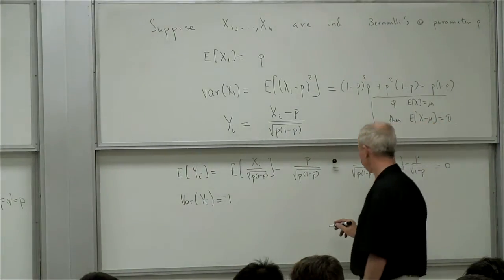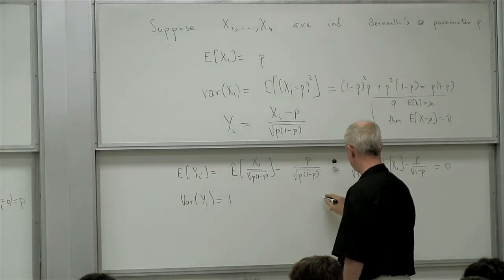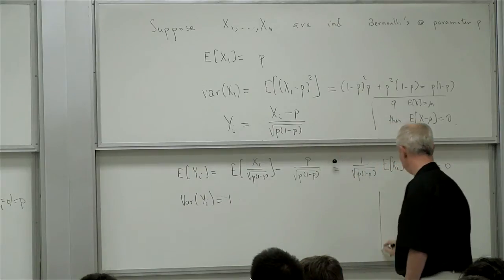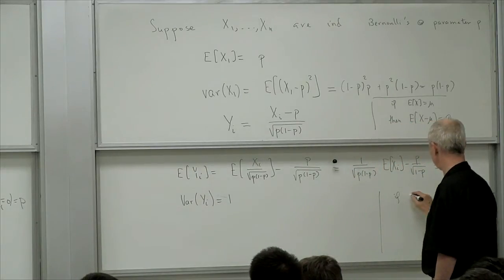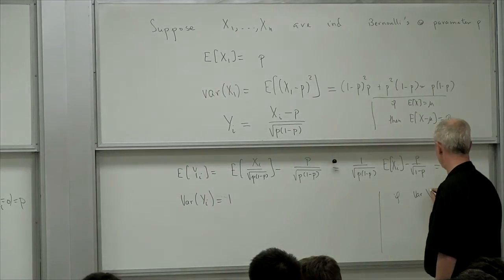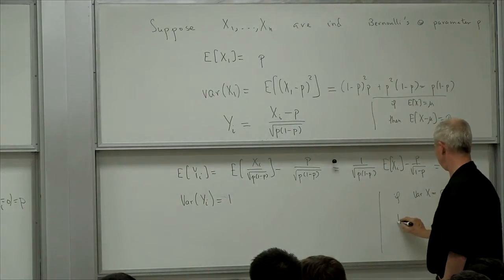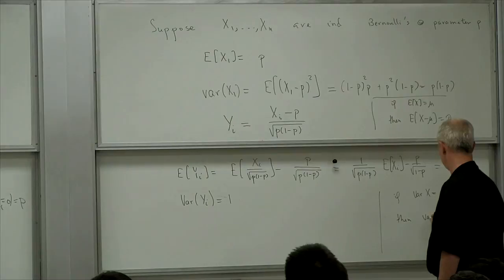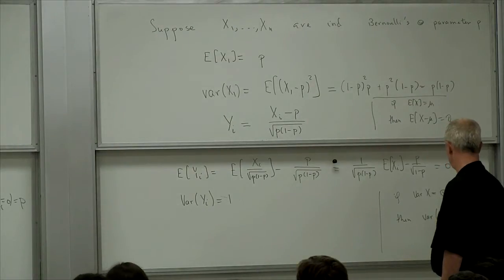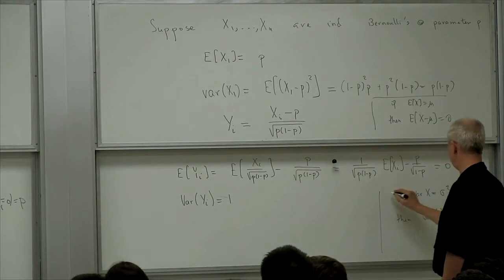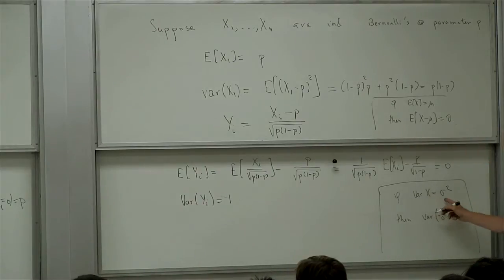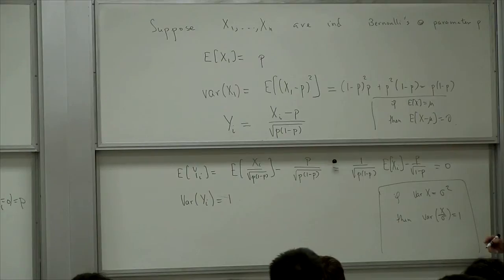Here's what we did. If the variance of a random variable is sigma squared, then the variance of X over sigma is 1. Okay.